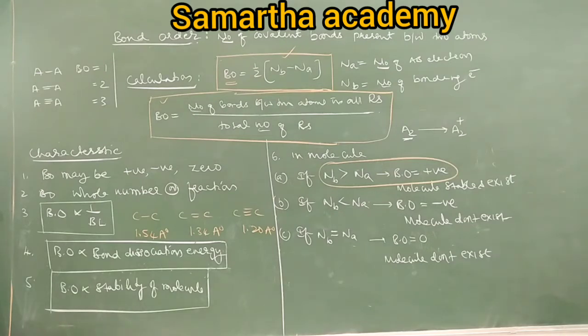The statement is this: the loss or removal of an electron from the bonding molecular orbital decreases bond order. Loss of an electron from the anti-bonding molecular orbital increases bond order. When bond order increases, the molecule becomes stable. When bond order decreases, the molecule becomes unstable. Okay, write one note.